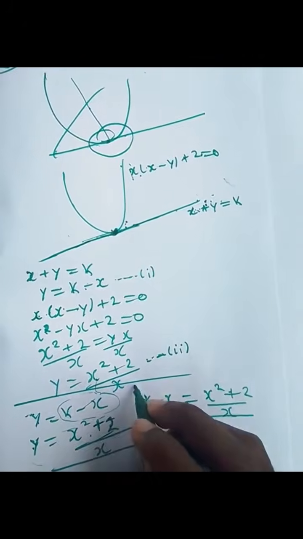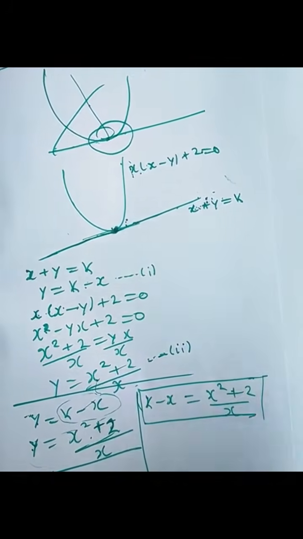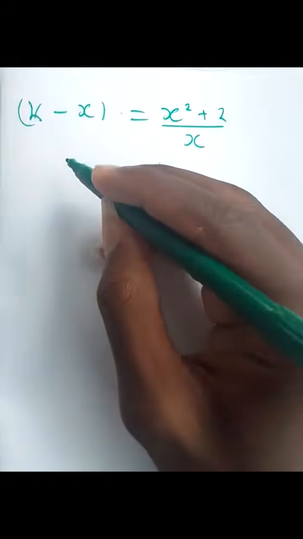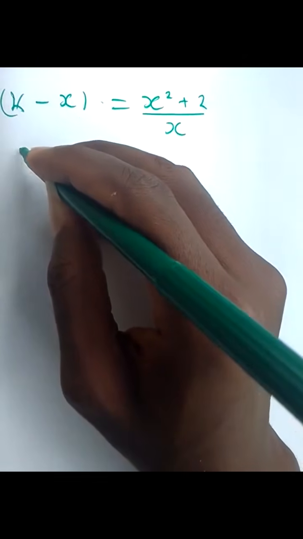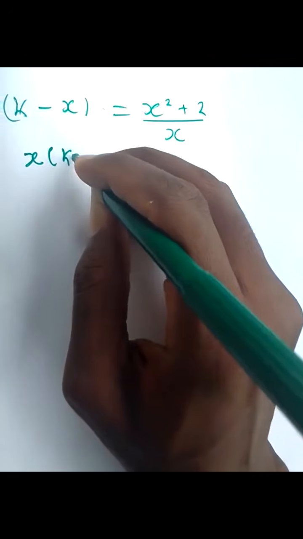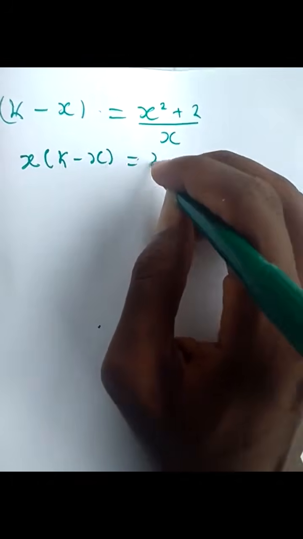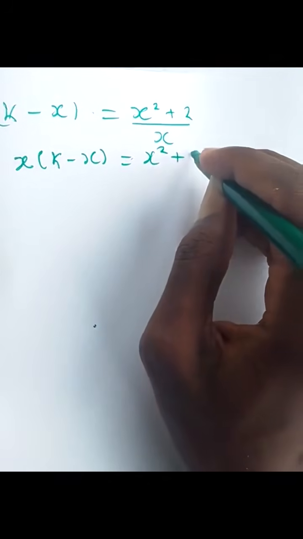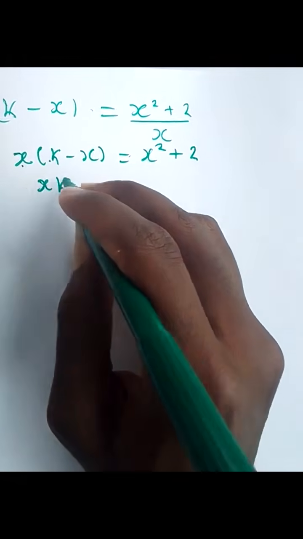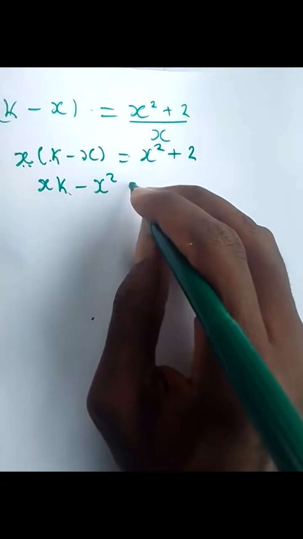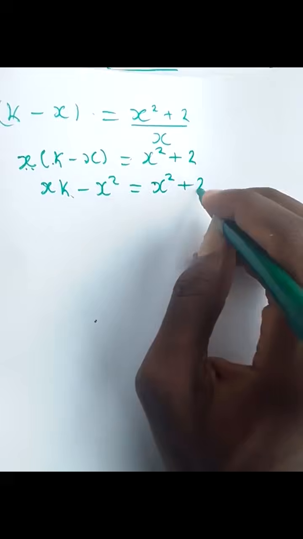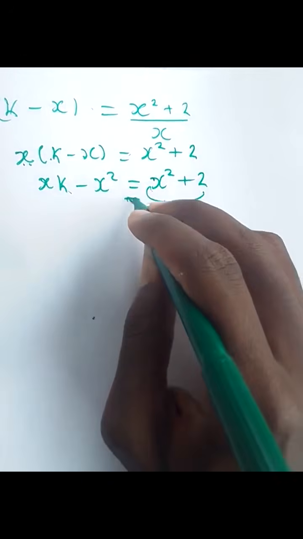Let's see how we can simplify this. Let's cross multiply. The left side times x gives xk, and this equals x power 2 plus 2. Let's take what we have here to the other side.